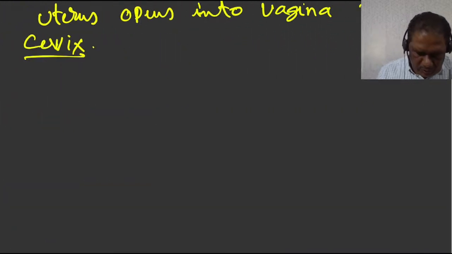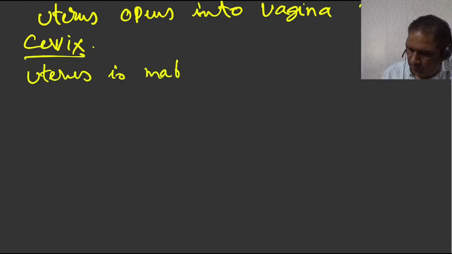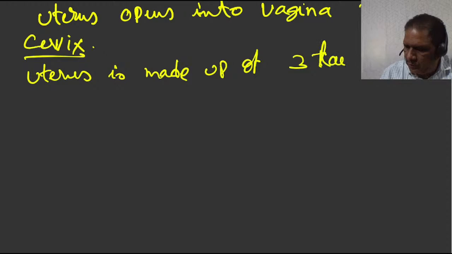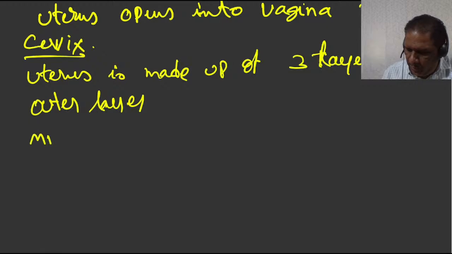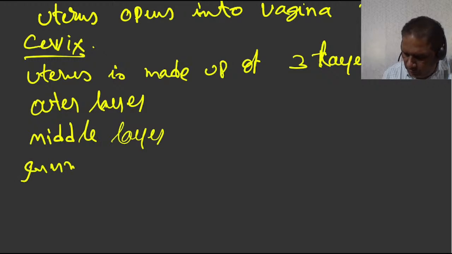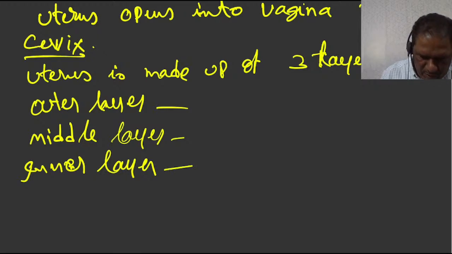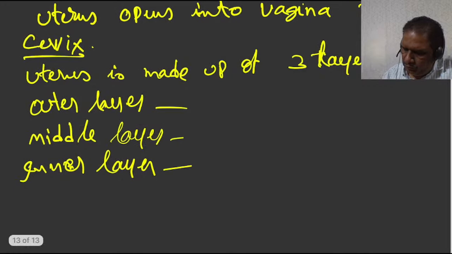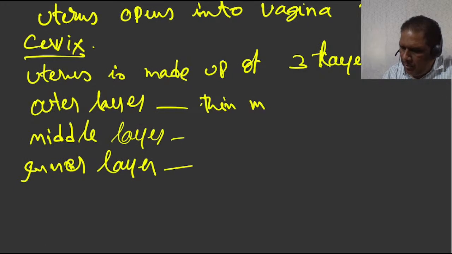Then uterus is made up of 3 layers: outer layer, middle layer, and inner layer. The outer layer is a thin membrane.